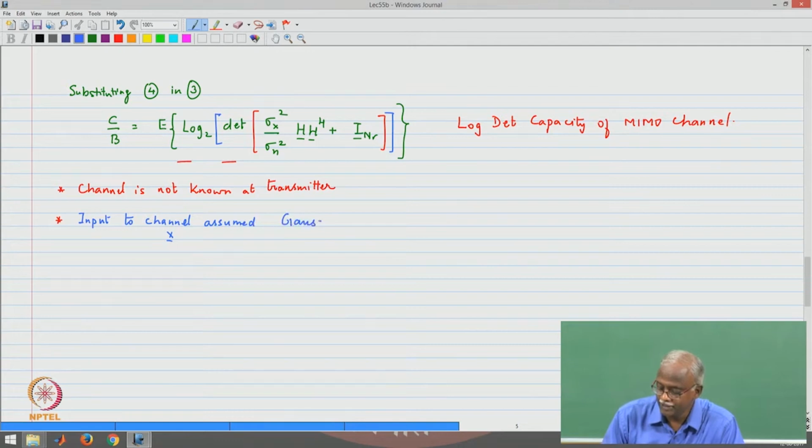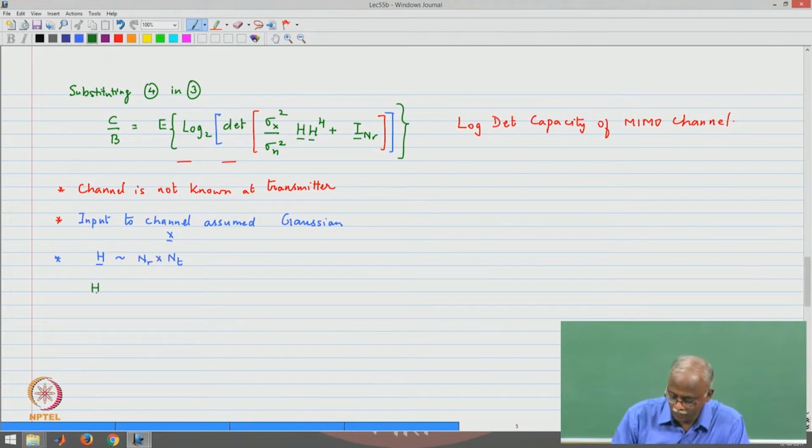Under that assumption, we have simplified the expressions that we have given. And the third assumption is that the dimensions of H are nr cross nt, which basically means that the dimensions of H H Hermitian will be nr cross nr.